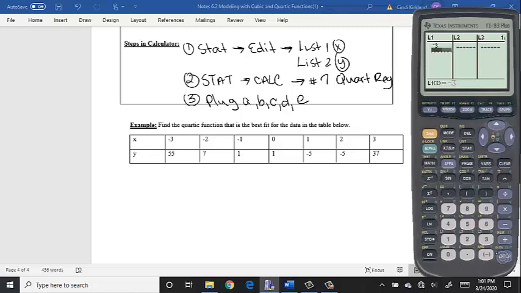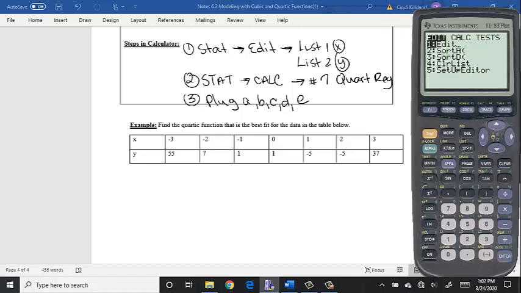So we've got -3, and L2, all right, so we've entered our data.